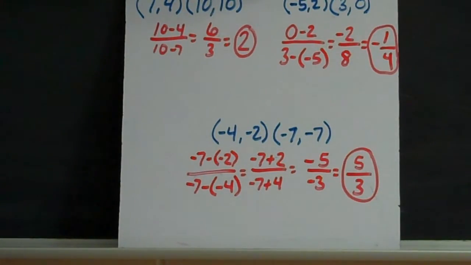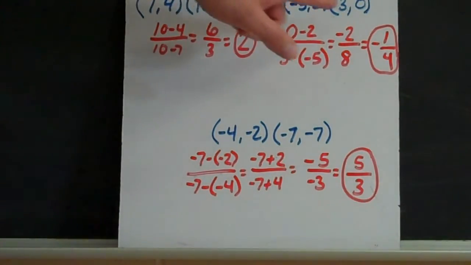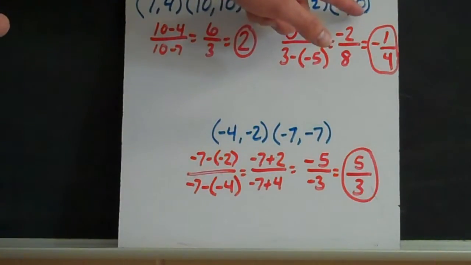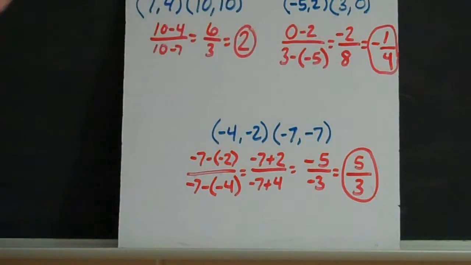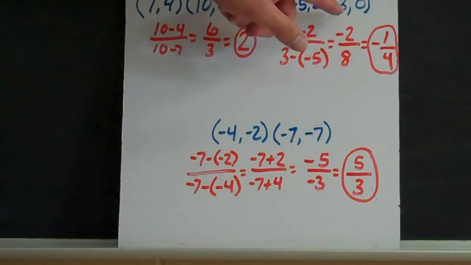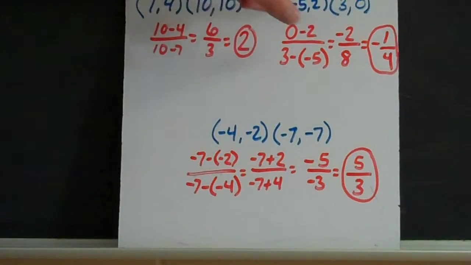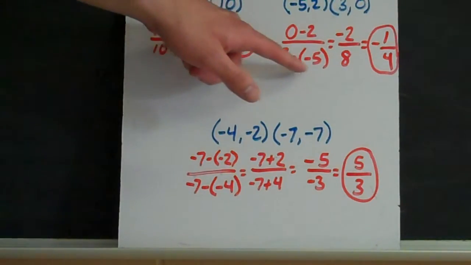Next set of points, (-5, 2) and (3, 0). We subtract our y values on top. 0 minus 2 gives us -2. On the bottom, we subtract our x values. 3 minus (-5).